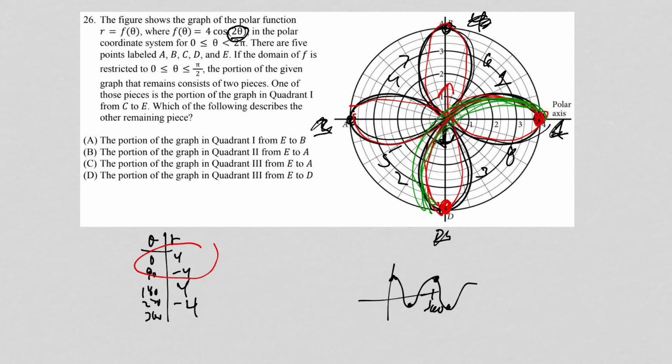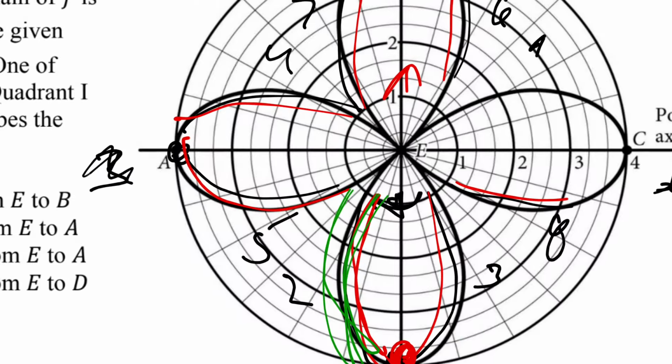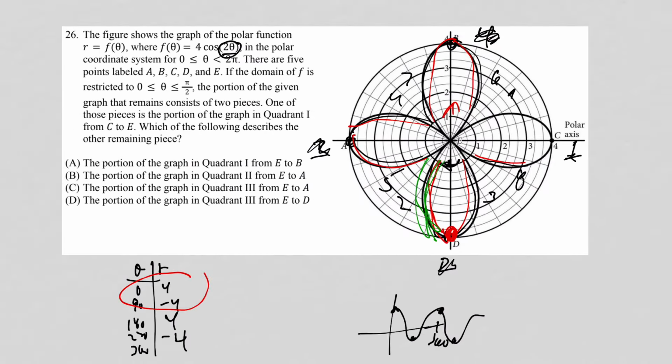And they want to know, what is that? That green thing? The portion of the given graph that remains consists of 2 pieces. One of those pieces is the portion from C to E. I need to erase a little bit to see what they're talking about. Yeah. So that's C. Can't see the E. Oh, there. That was to the middle.